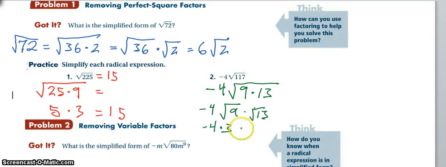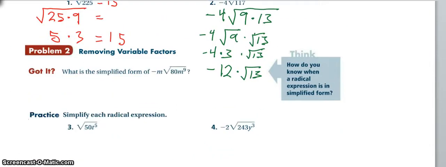So we now have negative 4 times 3 times radical 13. We combine the negative 4 and the positive 3, and we get negative 12. So we get negative 12 times radical 13. Go ahead, work through the Pearson module for part 2, and then come back on the got it.